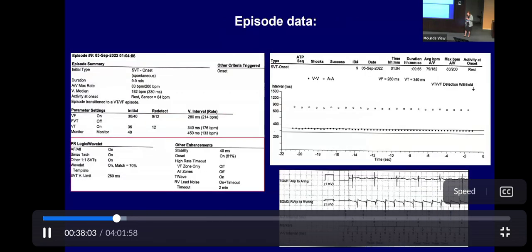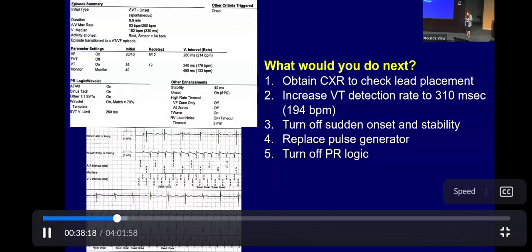And if you look at the specific episode data, again, you could look on your plots there, and you can see they're dissociated. And so that's what that all looks like. A monitor zone is at 133, but this is well above 133 beats a minute. So what would you do next? Obtain a chest X-ray to check lead placement, increase the VT rate to 310 milliseconds, turn off sudden onset instability, replace the pulse generator, or turn off PR logic.